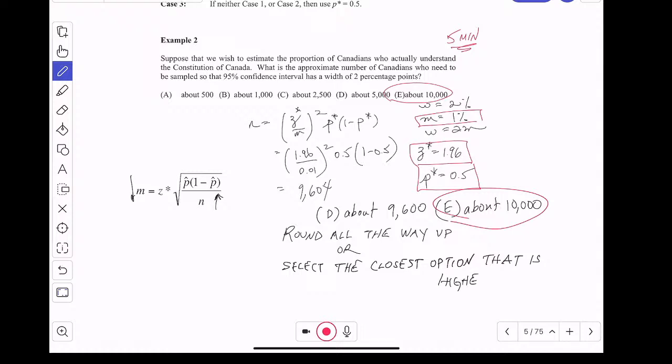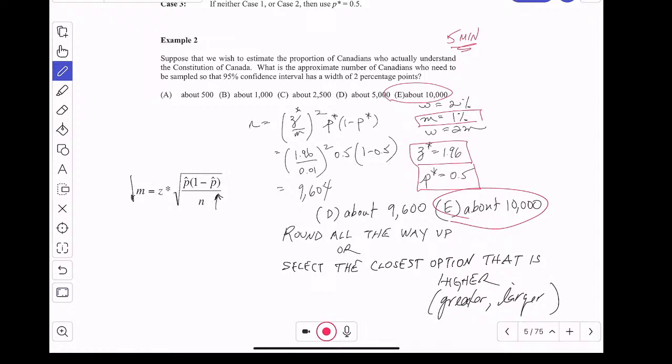I don't know if that makes sense, but hopefully in this example it does. So select the closest option that is higher. So the closest option that is higher, that's not this one. This is close, but this is the closest option that's higher, or greater, or larger. Okay?